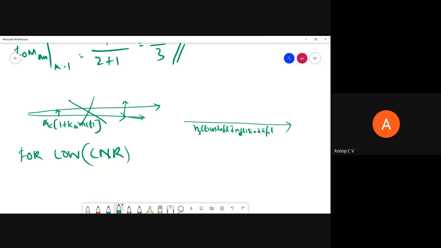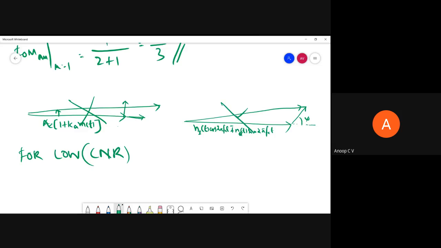This will be predominant, and Ac into 1 plus ka m of t, if I represent it as a phasor, its magnitude will be less, and it may make some angle, say psi, with this noise. Then the resultant in that case will be more comparable to noise, not to the message signal.